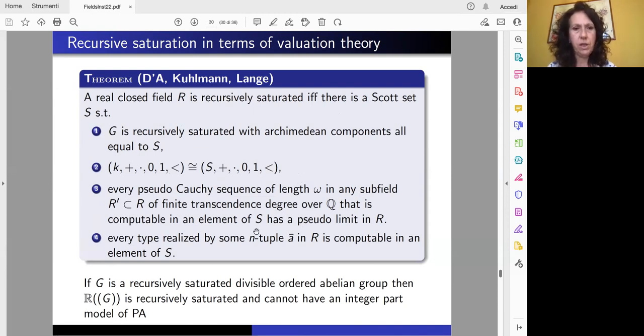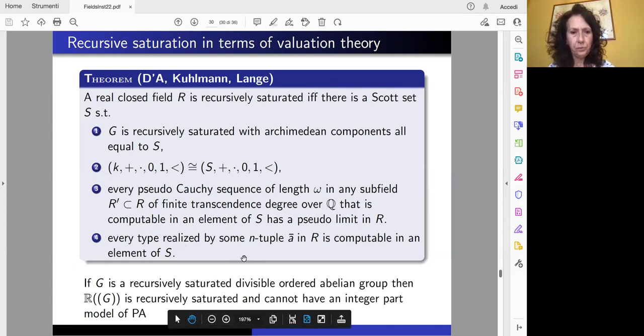And there are two conditions: every pseudo-Cauchy sequence of length omega in any subfield of finite transcendence degree over Q, that is computable in an element of S, has a pseudo limit in S. Computable is in recursion-theoretic terms. And there is also a fourth property: every type realized in R is computable in an element of S. And we couldn't avoid this fourth property.